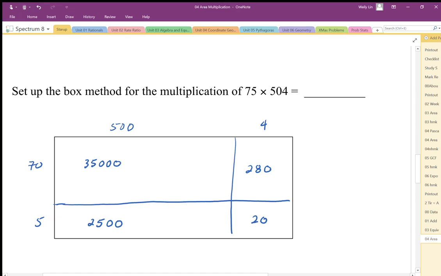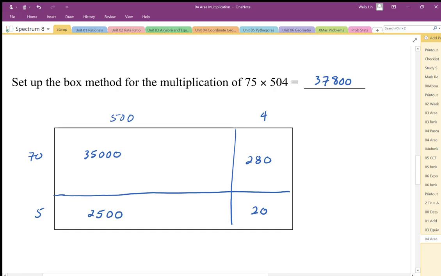So here we're going to end up with 35,000, 2,500, 2,800, and 20. So we get 37,800 as our sum. Okay, so that looks pretty good. So that's the total when we multiply those together.